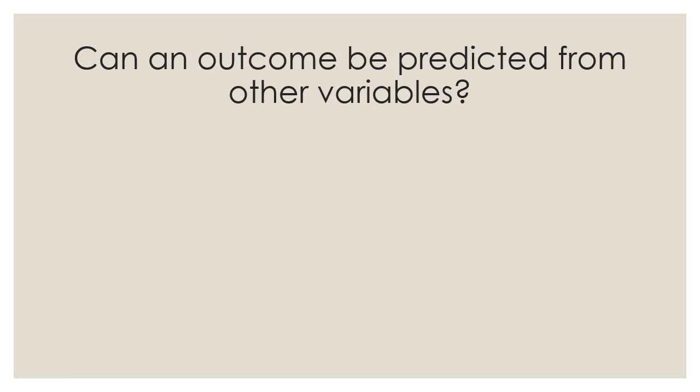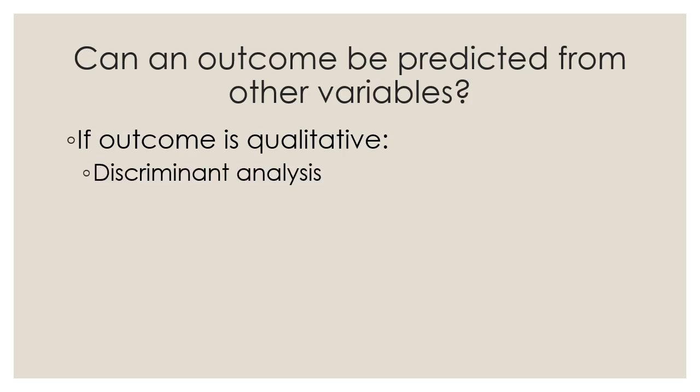And finally, we have our third question: can an outcome be predicted from other variables? So if your outcome of interest is qualitative or categorical, you can either do a discriminant analysis or a logistic regression. Okay, a logistic regression is very common.